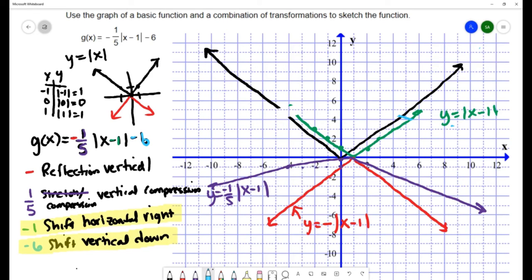And with the shift down instead, we would go 1, 2, 3, 4, 5, 6 down, and it would be very flat. So that is y equals negative 1/5 absolute value of x minus 1 minus 6. And that would be that graph in blue, that's the final graph that you want to use for the graph of our transformed function.